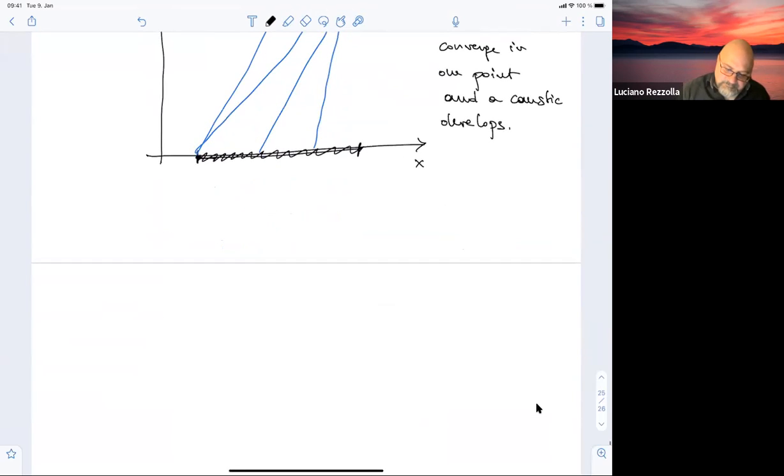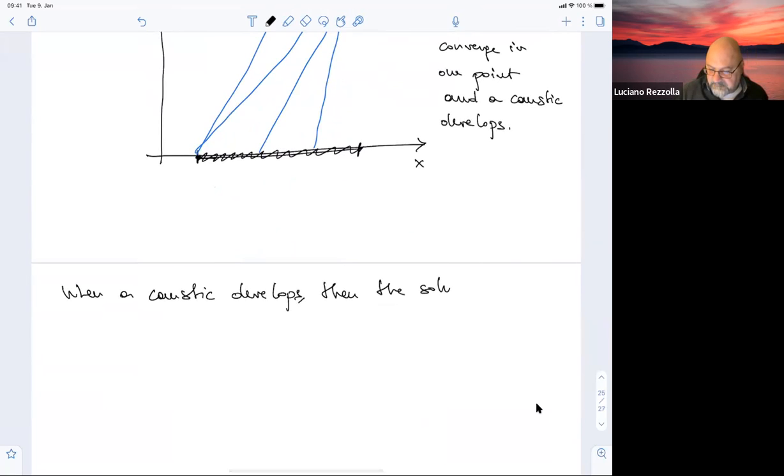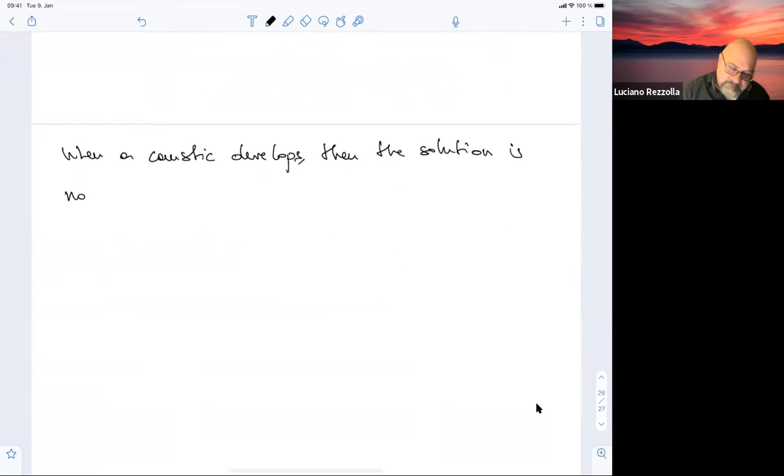When a caustic develops, the solution is no longer unique, and discontinuities can develop.